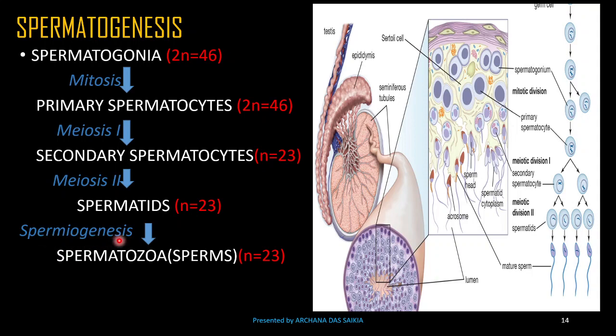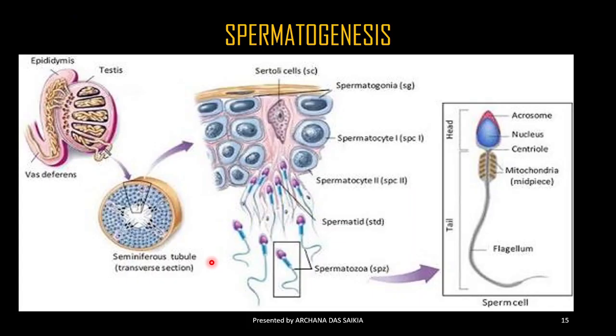Until spermatids, it is the division phase, and after spermatid formation, it is the developmental phase, known as spermiogenesis. So this is about spermatogenesis: spermatogonia develop to form primary spermatocytes, which divide to form secondary spermatocytes, spermatids, and finally the sperms.